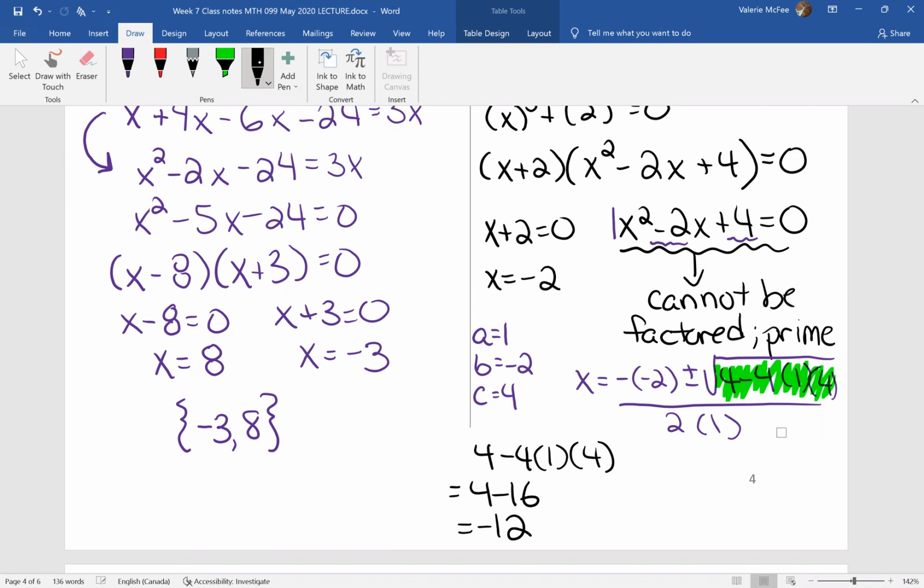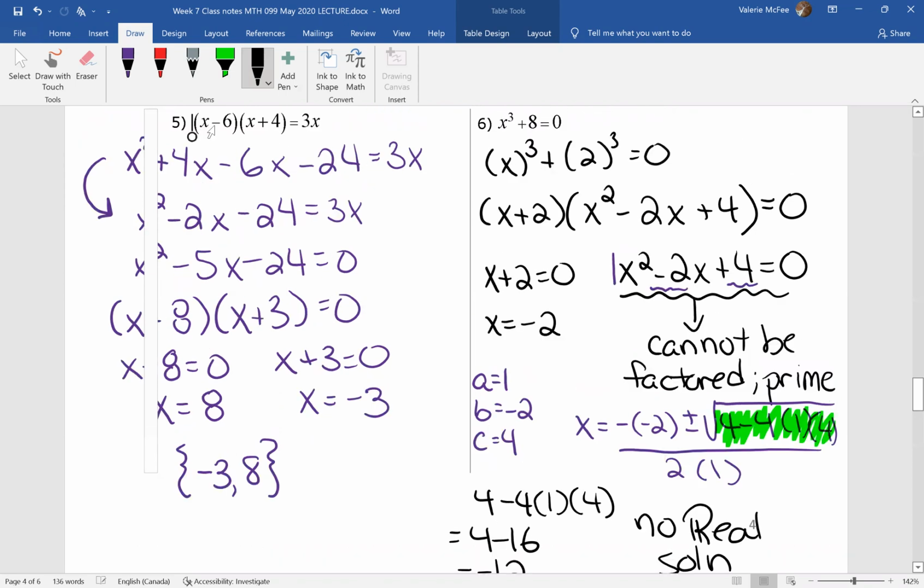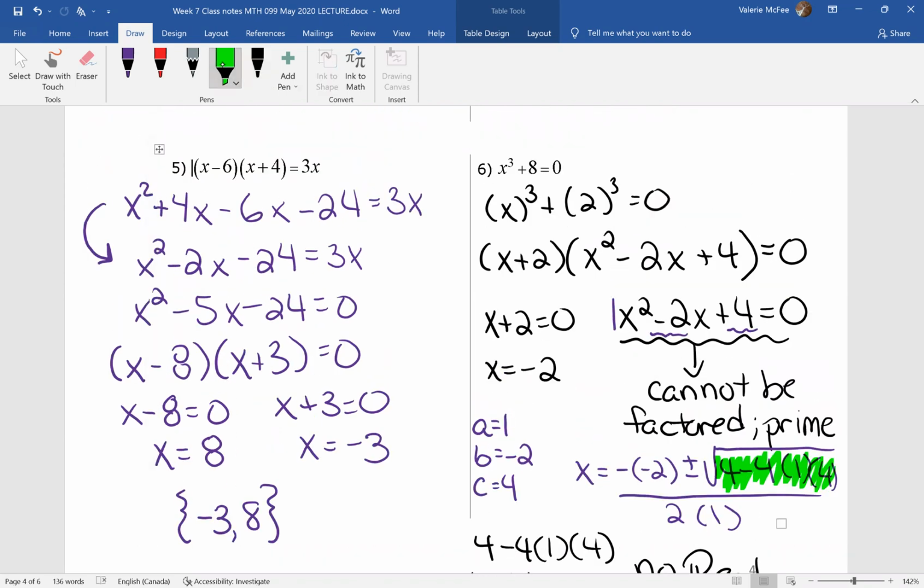There's no real solution. So the only part of the formula for factoring a sum of cubes that has a solution is the first binomial here. It gives us a solution of x equals -2. That's the only solution for this equation.